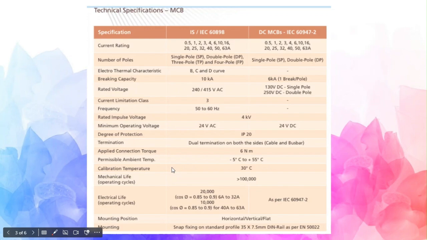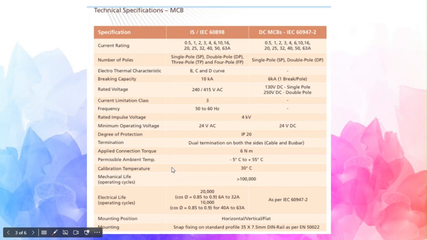One needs to keep in mind while designing: the calibration temperature is 30 degrees centigrade. It means that whatever parameters we can see here, for example the currents, short circuit currents or rated currents, these values are measured at 30 degrees centigrade, and the trip circuit has also been calibrated at 30 degrees centigrade. Now, for example, the device is operated. We have installed the device in an area where the operating ambient temperature is, let's say, 50 degrees centigrade.